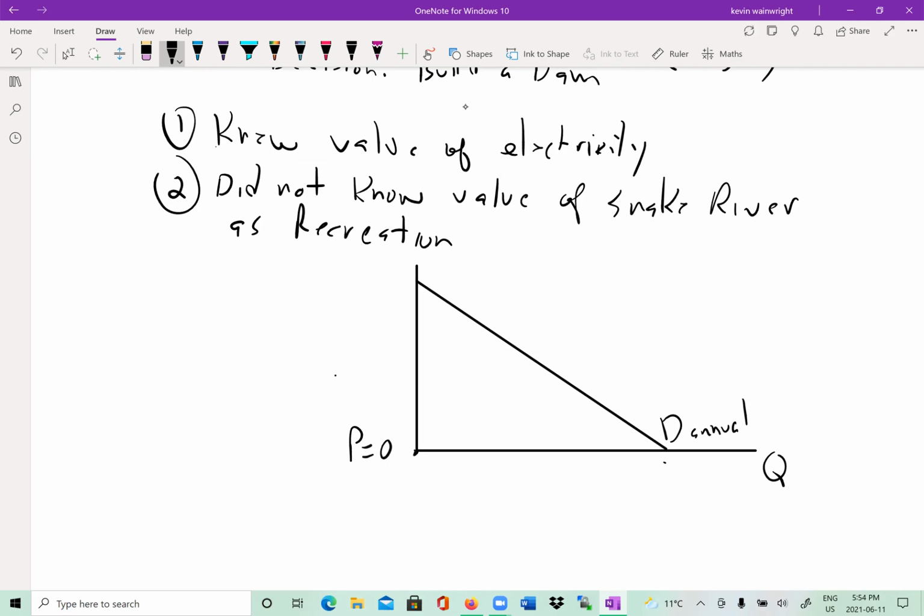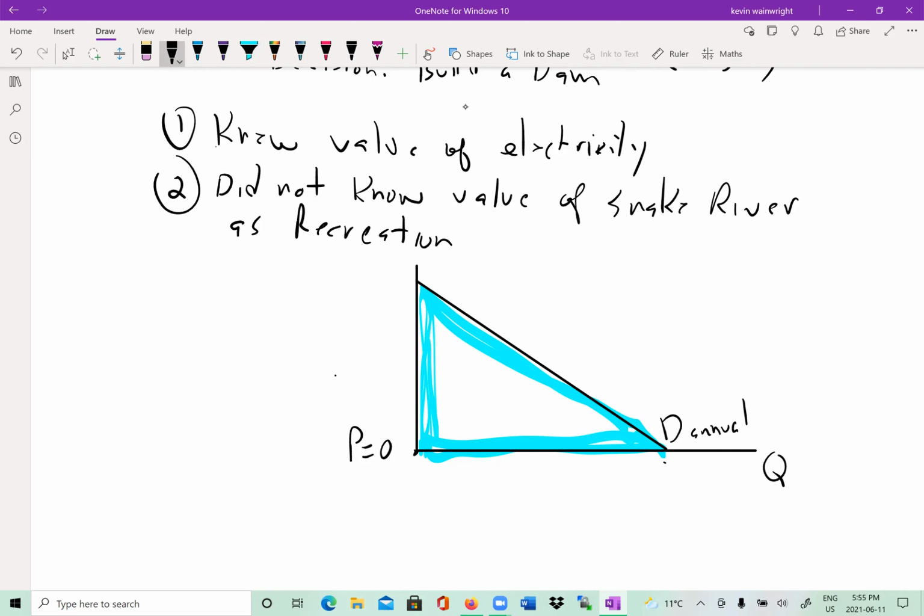So people would kayak, they would fish, they would camp, and all of it was free. So what they did was they took the area under the demand curve and estimated it. Okay.